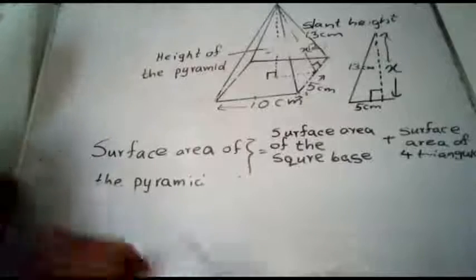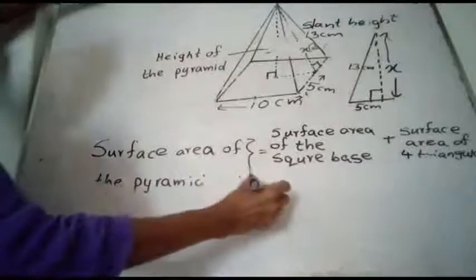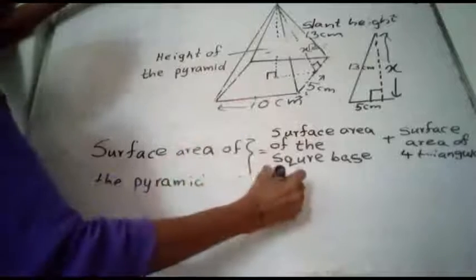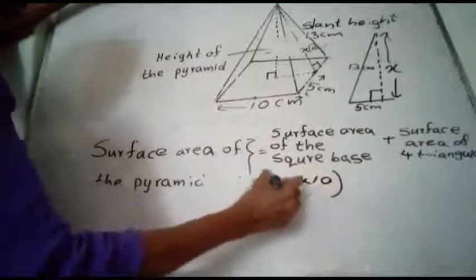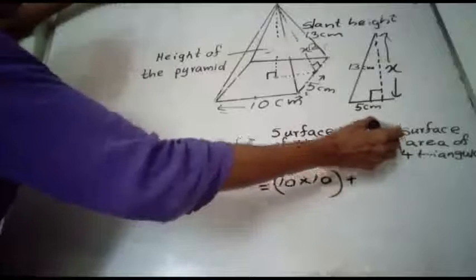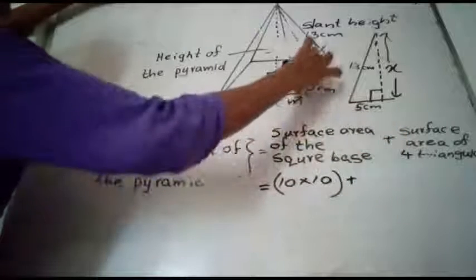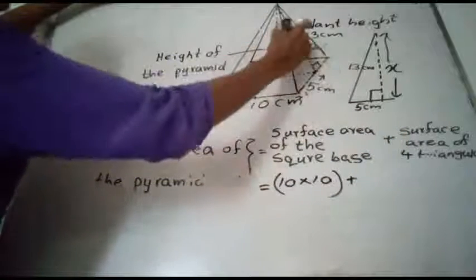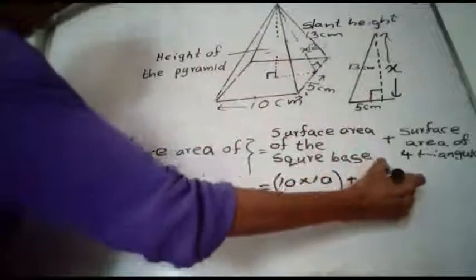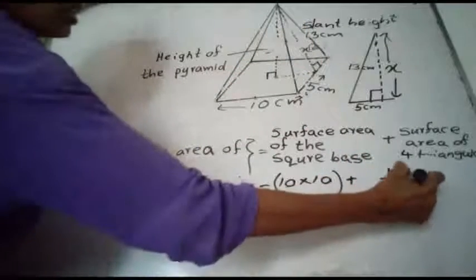The surface area of the pyramid is equal to area of the square base, 10 times 10, plus 4 times the surface area of the triangular face.